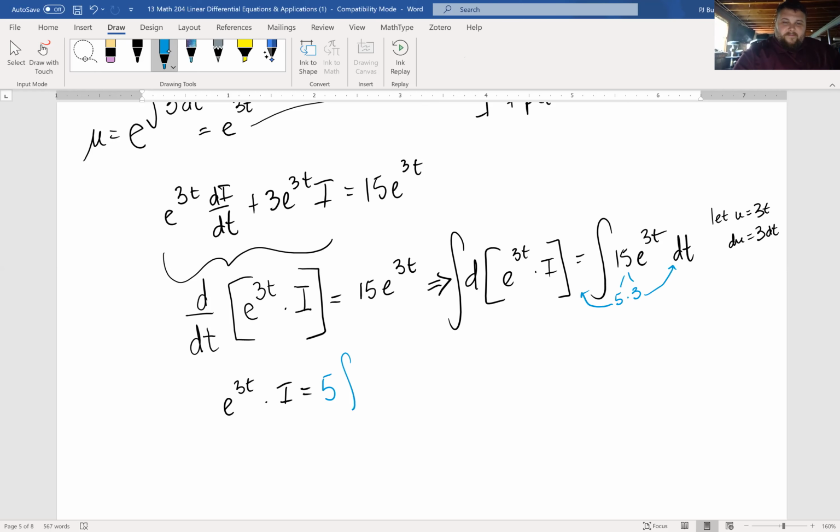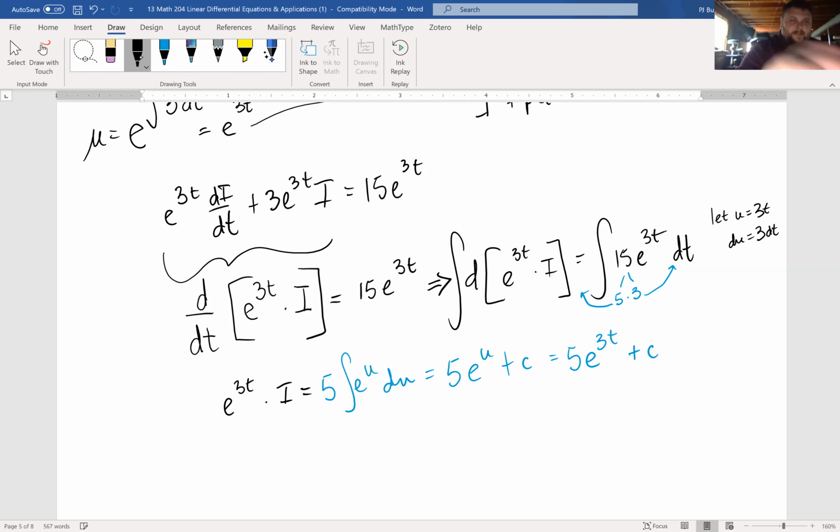So it'd be 5 integral e to the u du, which should look like that.